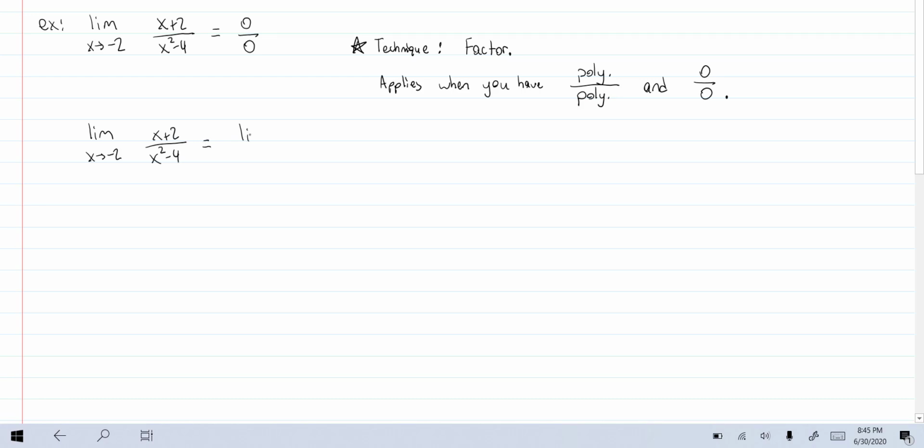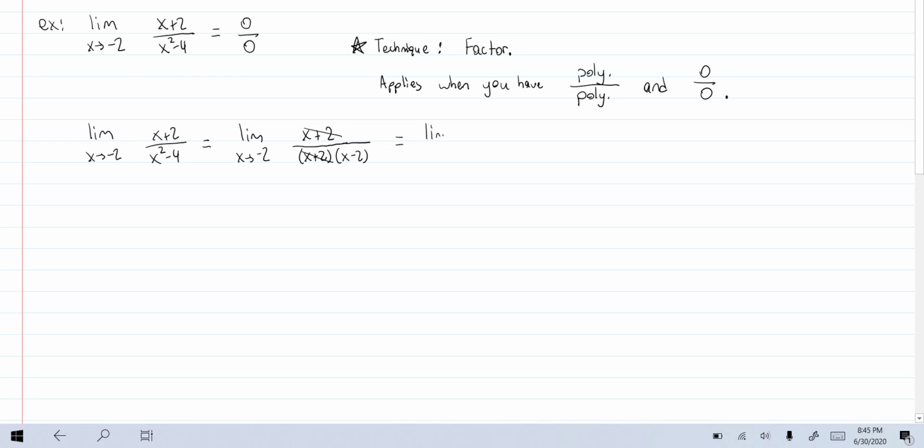Okay, so in this example, we can factor our denominator. So x squared minus 4, it's a difference of squares. It's going to factor as (x plus 2) times (x minus 2). Now what we see is we have x plus 2 in both the numerator and denominator, so we can actually cancel them out.